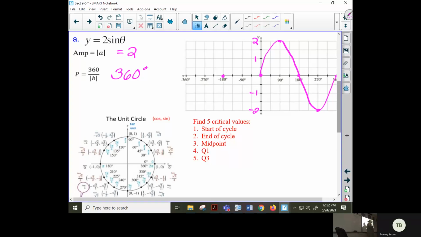It would be right at 0, and at -360 at 0. Where do you think it would be here? Up here or down here? It would be up, and then here it would be down. So here would be my graph.